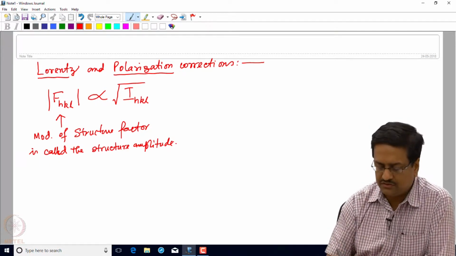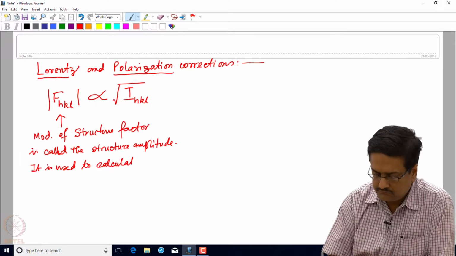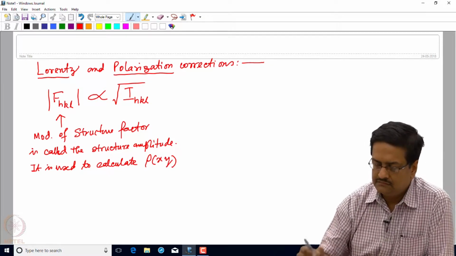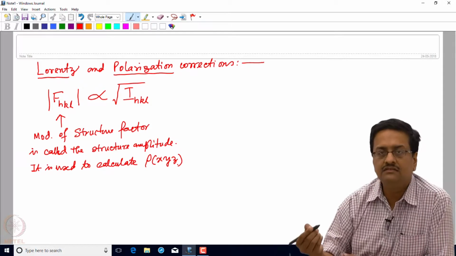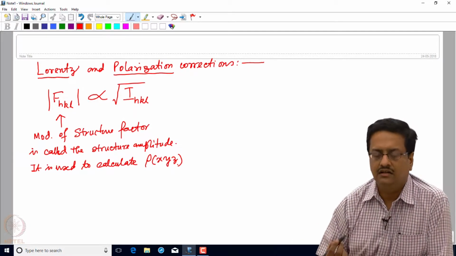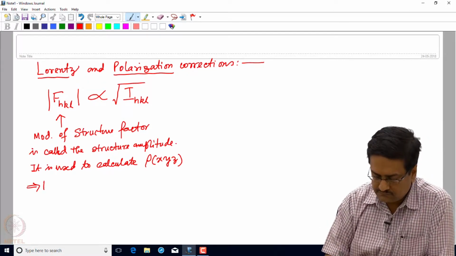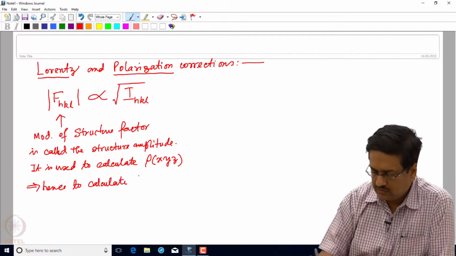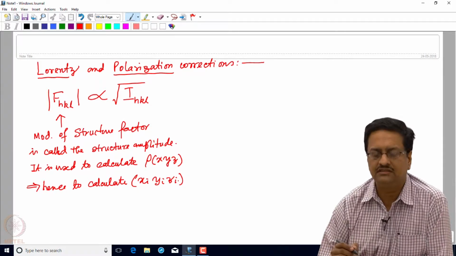This structure amplitude is used to calculate rho xyz, which means the electron density associated with different locations of atoms in the unit cell, and hence to calculate x_i, y_i, z_i for all the atoms present in the unit cell.